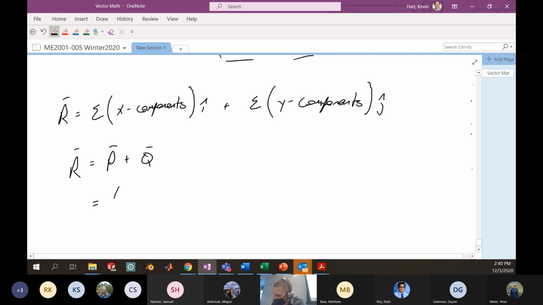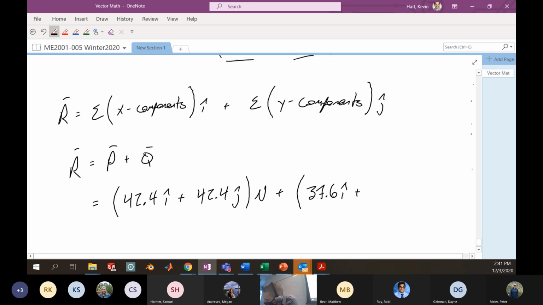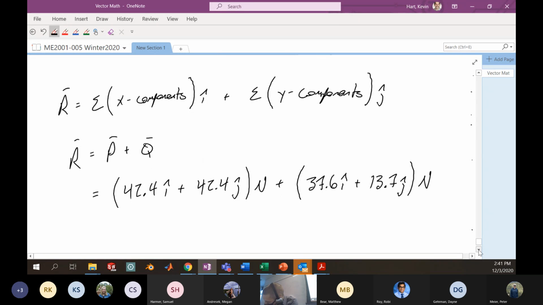And here we have P is 42.4 i hat plus 42.4 j hat newtons, plus Q, which is 37.6 i hat plus 13.7 j hat newtons.